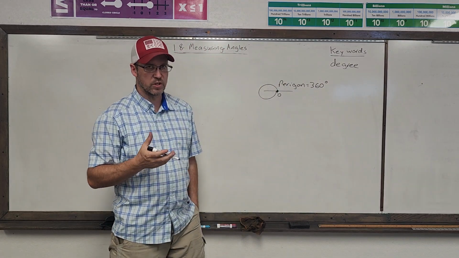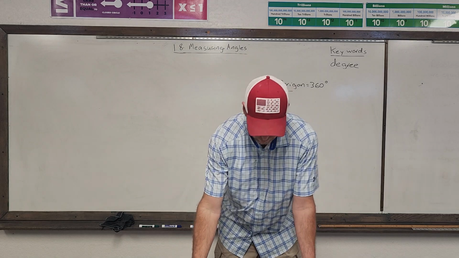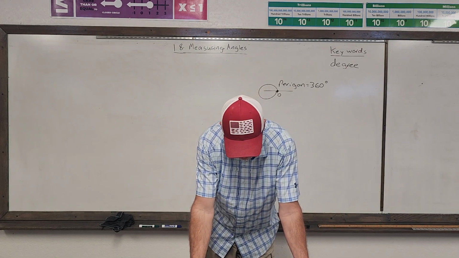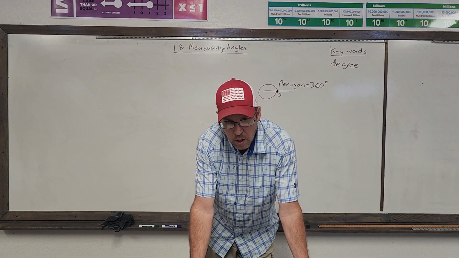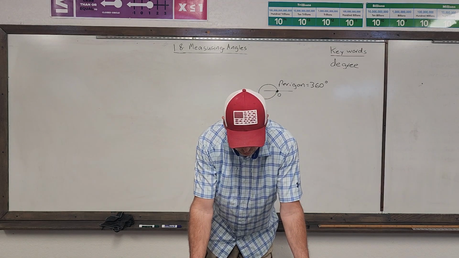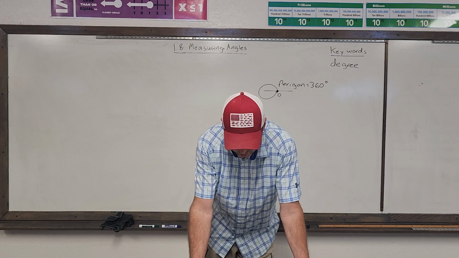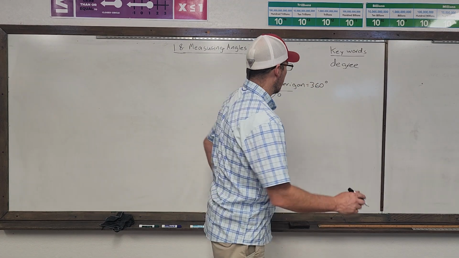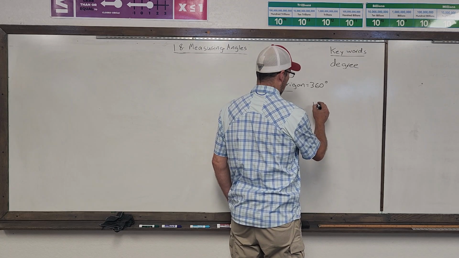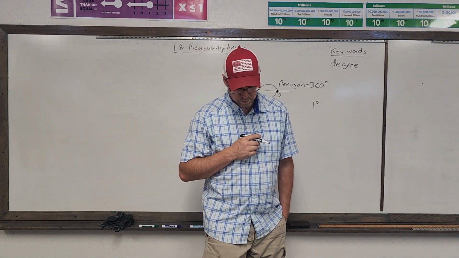So in Algebra 2, we talked about the unit circle. We learned a lot about it. 360 degrees is going all the way around. But we can get a lot more detailed. Instead of breaking it up into 360 equal parts, written as degrees, so like 1 degree would be written as 1°, we can break that degree up.